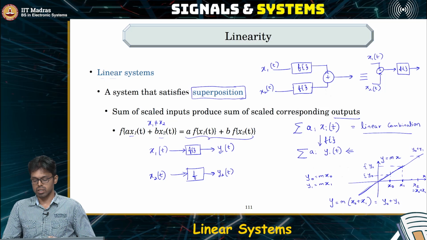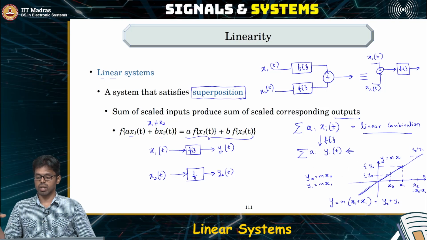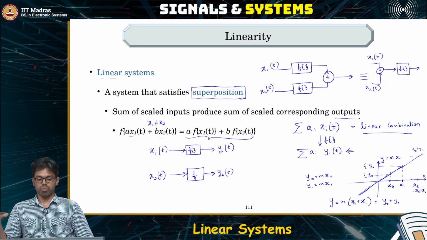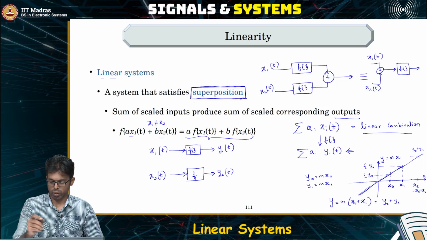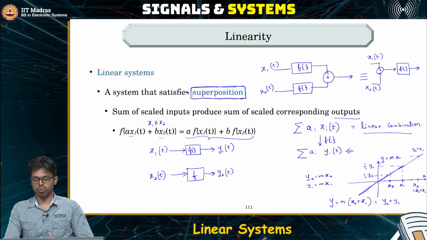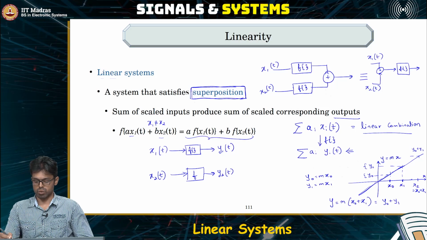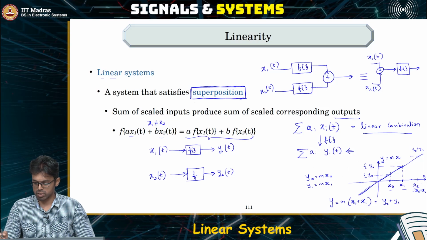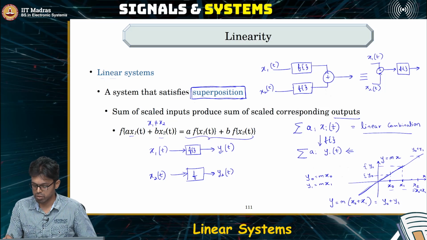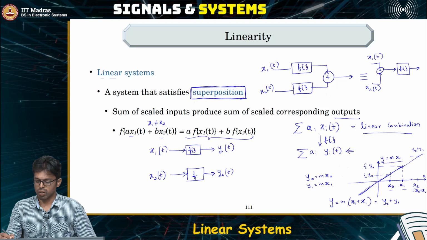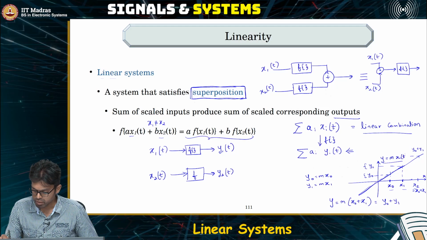So the extension of this one-dimensional view is what we get under superposition. This one-dimensional representation is for very simple scalars. So x0, x1, x are simple numbers, and we have a function of this form, right? Now what if this was a signal?